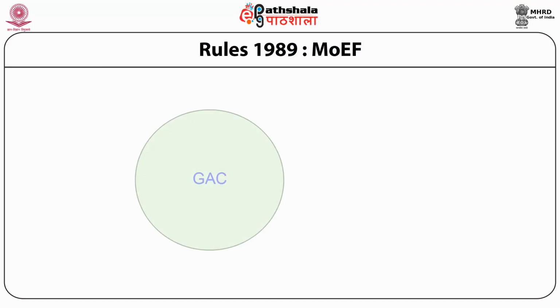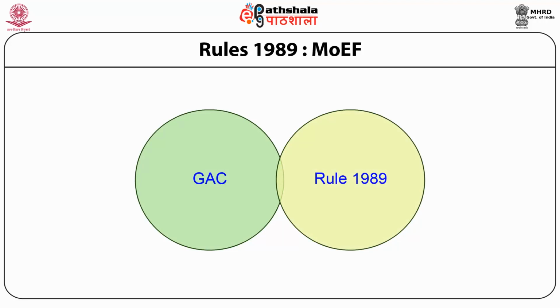We were talking about GEAC and Rules 1989, where we were discussing the use of microbiologicals for the benefit of humankind, laboratory purposes, and release into the environment. Rules 1989 also explain various terms.